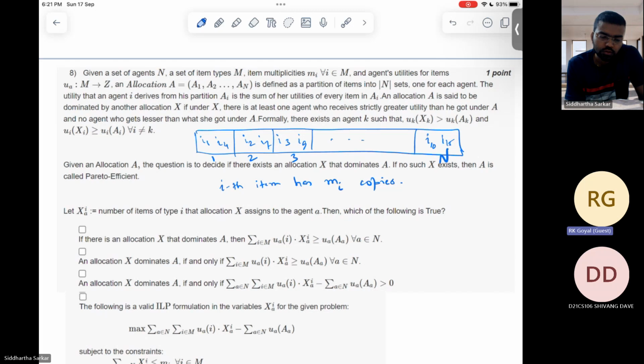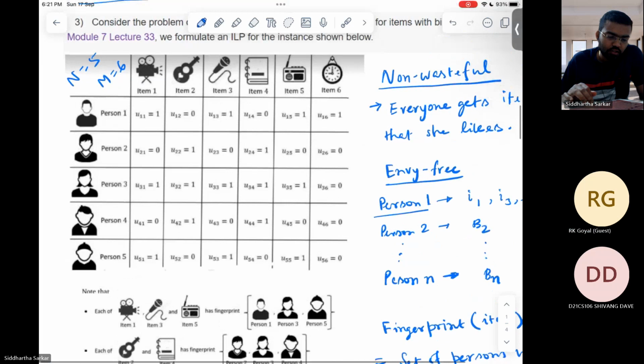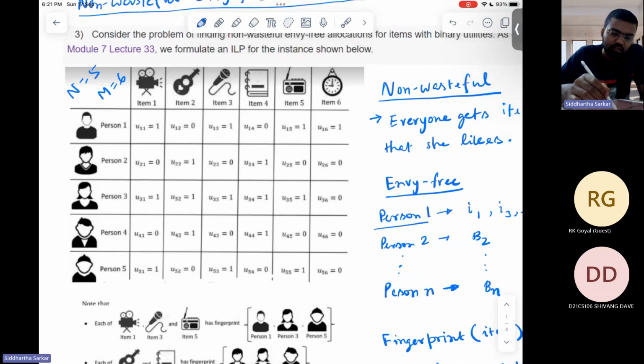That will be equal to the sum of the utilities given for the items in the box A3. So we have the utility matrix like this. Look at what values the person assigns to each object. If the utility is 1, we say 1 times the number of objects of that type. And if there is no utility, then however many guitars there are, person 1 is not going to care about it.